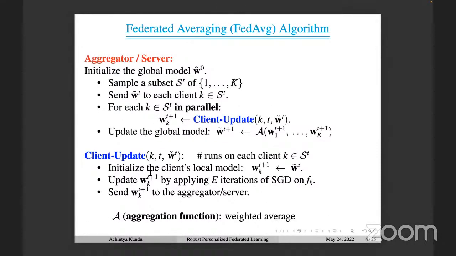This is given by the client update step. It initializes, and then the optimization can be done through stochastic gradient descent. That means you compute the gradient over a bunch of samples and then do a gradient descent. Once you do a certain amount of computation, for example quite a few passes over your data set, you can send your updated model to the server. Similarly, other clients will also do the same thing.